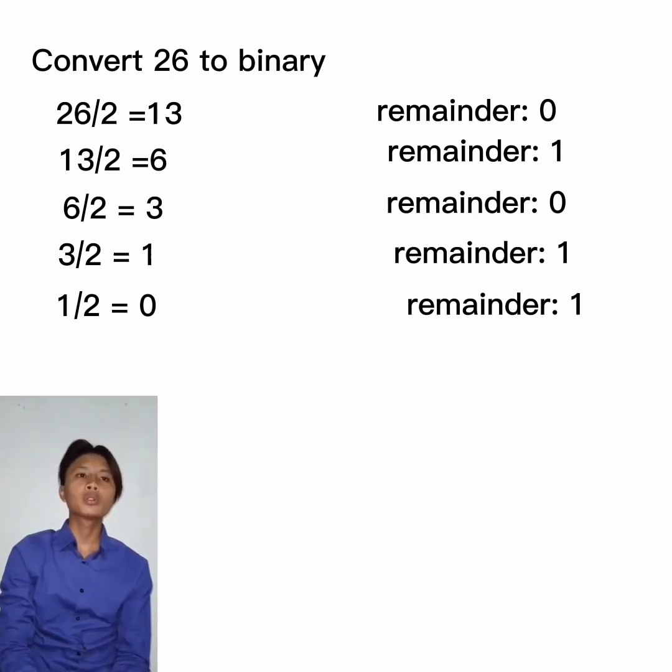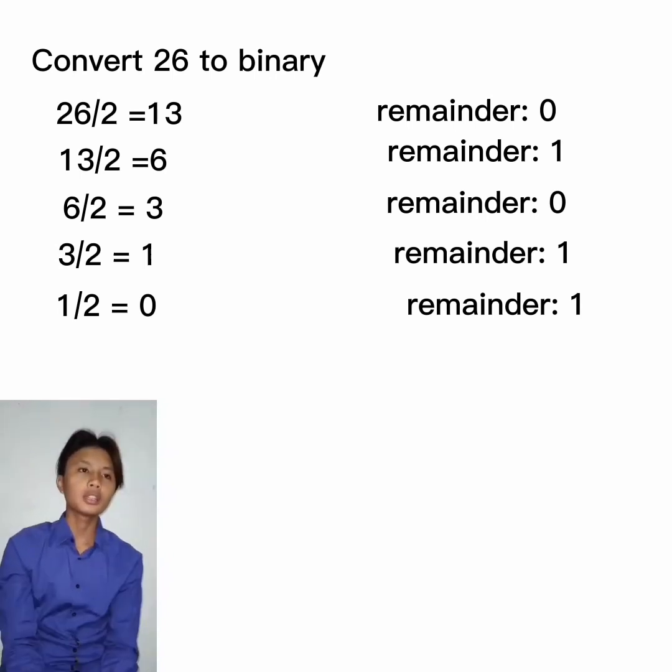An easy way to think of it is, if it can't divide by 2, just subtract 1 from it and then divide by 2. So 13 minus 1 is 12, and 12 divided by 2 is 6, with remainder 1. So now we have 1 on the outside, and we keep doing this.